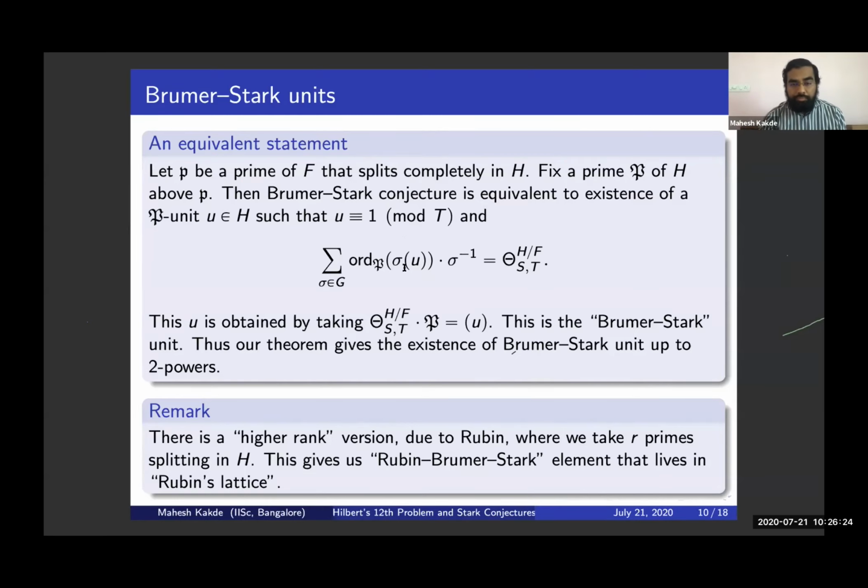So this is an integer, and if I stick this integer in front of this element of the Galois group, I get an element in ZG. This sum is an element in ZG, and the statement says that there exists a u such that when you make this construction, you get your theta. So this equivalent statement gives you an L-value using ord of sigma u. Or the other way of seeing this is that it gives you the formula for ord of sigma u in terms of L-values.